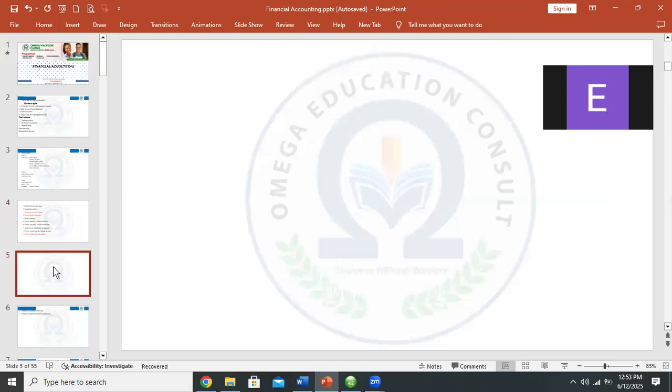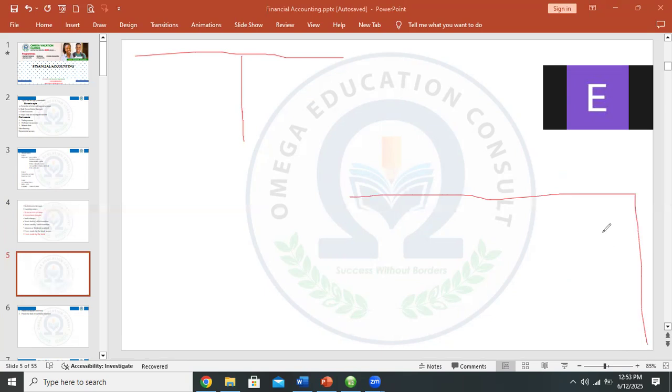Okay, so let me draw. As we all know, this is the cash book, right? And this is your bank statement. Pardon my crooked lines because I'm not using it properly.